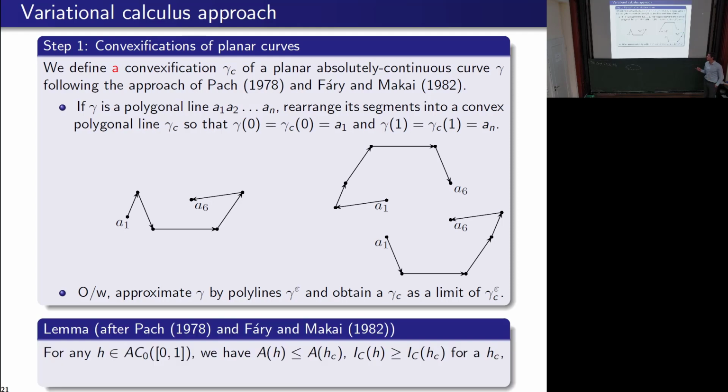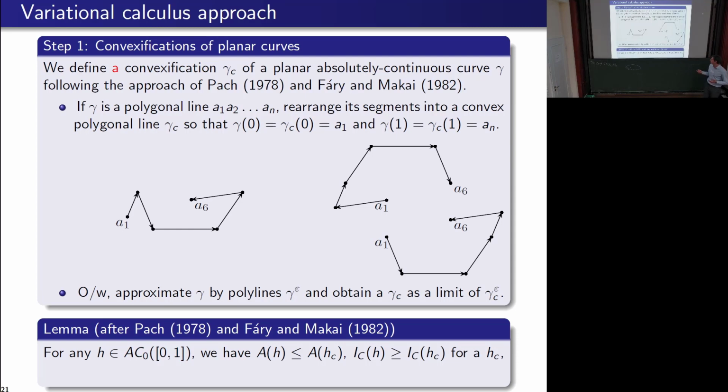This is based on ideas by Spahan, Farin, Makaye, from these years. So if you do approximations, for any absolutely continuous curve you can find a convexification such that nice things happen.